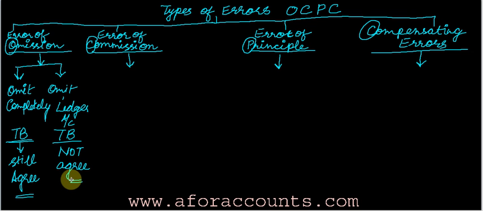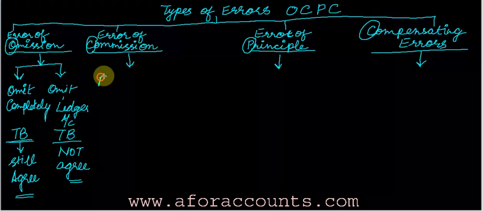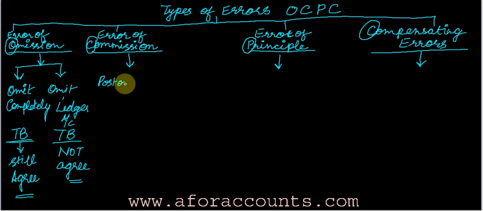I have a huge list of errors of commission. What types of errors can come in error of commission? See, once I have made my journal, while doing the posting, I have to do it on the right side. If I post on the wrong side, instead of debit I am posting on the credit side, my trial balance will not agree.